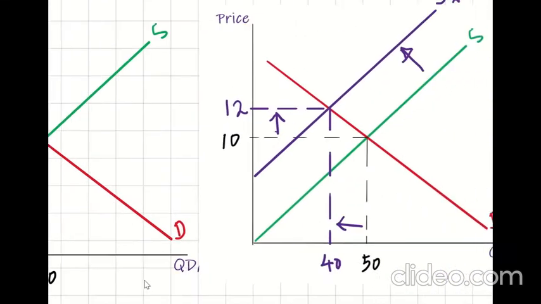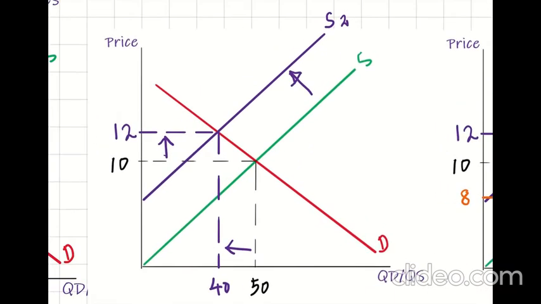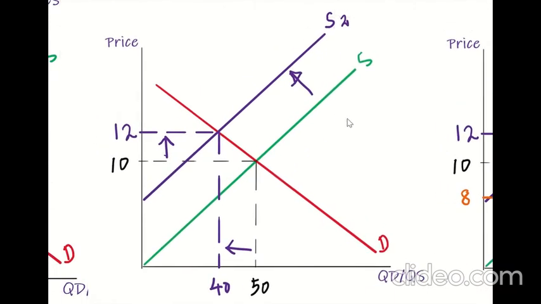Now let's see what the impact is going to be. As you can observe here, the supply curve shifts to the left. Therefore, the new equilibrium price will be the purple dotted line, which is 12, whereas the new equilibrium quantity is 40 units.